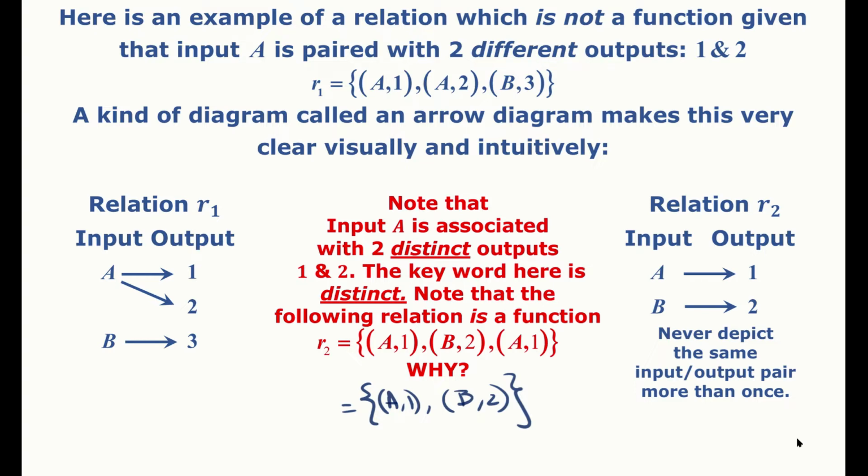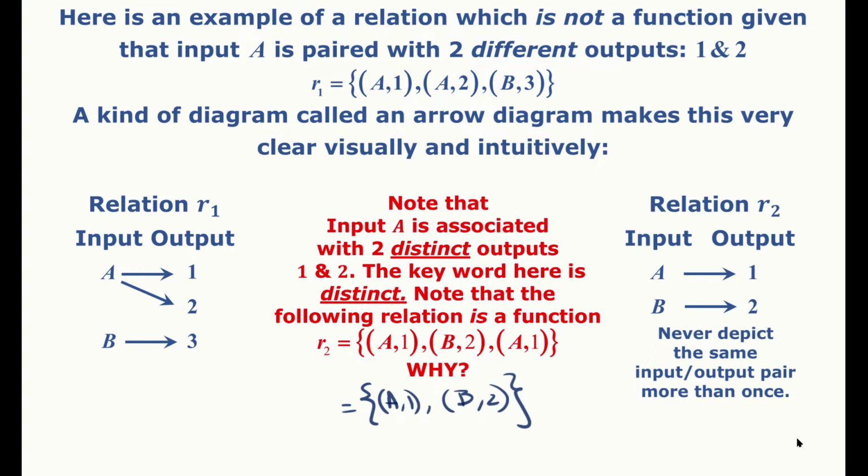Here is another relation. Notice this time A goes to 1, B goes to 2. And you can see that this is nothing but the arrow diagram for the same relation R2 with this simplified version of it.